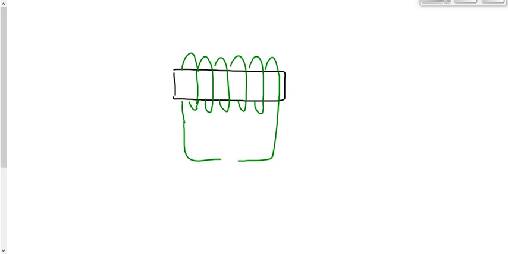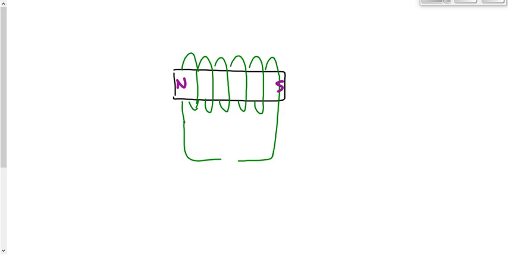There's a battery there, but I just haven't drawn it yet. I'm going to give you the polarity of the coil. This is north, this is south. This time I want you to tell me the polarity of the battery.